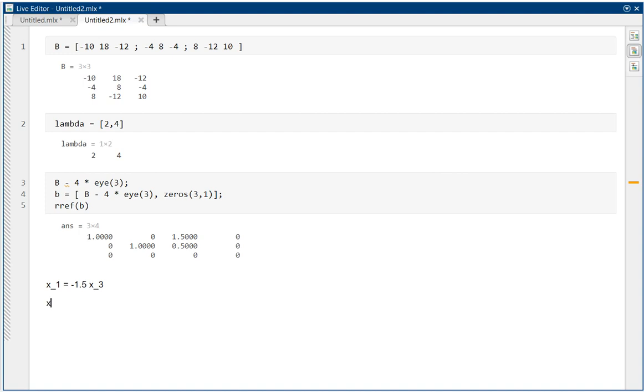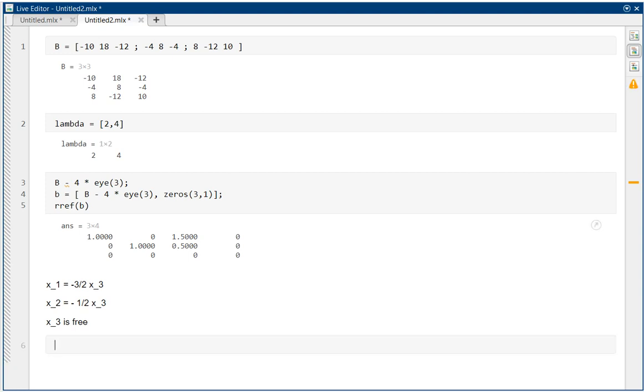And I know that x sub 2 equals minus 3 halves x sub 3, and I know that x sub 3 is free. Hopefully you can see how to take that.